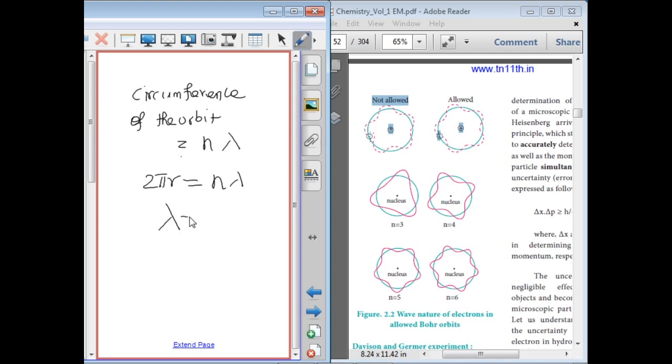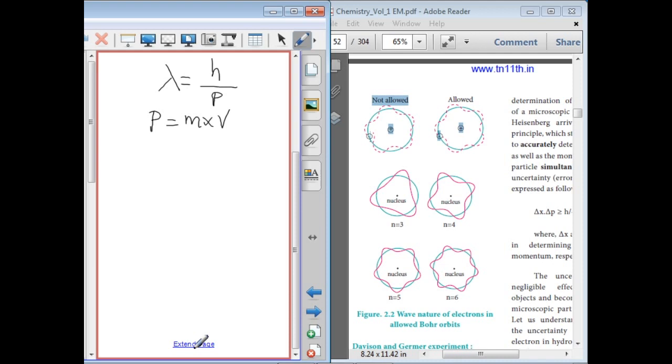We already know what lambda is. Lambda equal to h by p, where p is the momentum, p equal to m into v. So lambda equal to h by m into v.